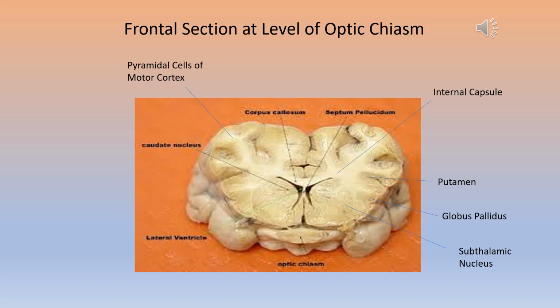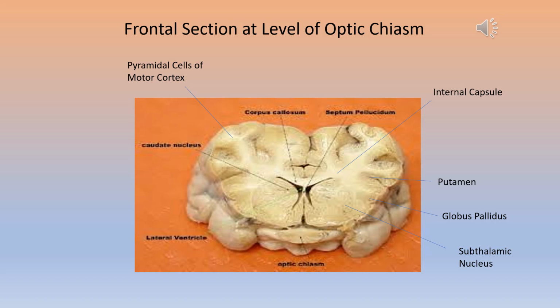The membrane that separates the left and right lateral ventricles is the septum pellucidum. The thalami, the two hemispheres of the thalamus, are the masses of gray matter situated there just below the lateral ventricles. So get yourself oriented here.